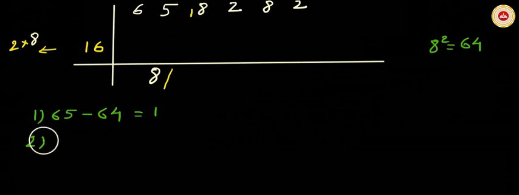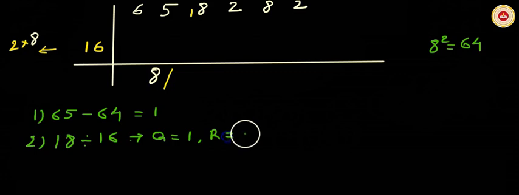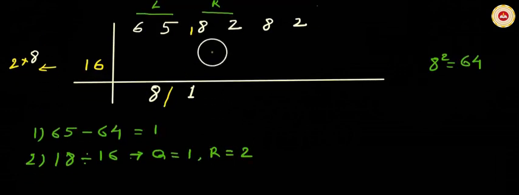Read this as 18. 18 divided by divisor 16 gives you quotient 1 and remainder 2. 16 ones are 16, 18 minus 16 is 2. So write quotient 1 below this 18 and remainder 2. See, remainder 2 as a prefix to the next digit, which is 2.